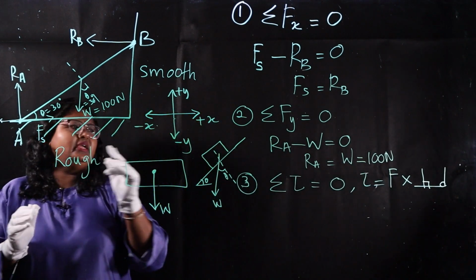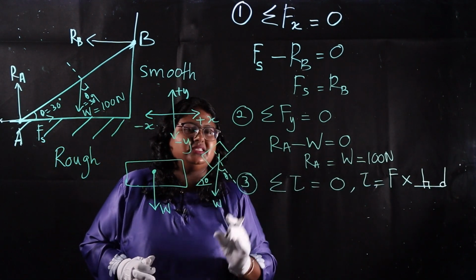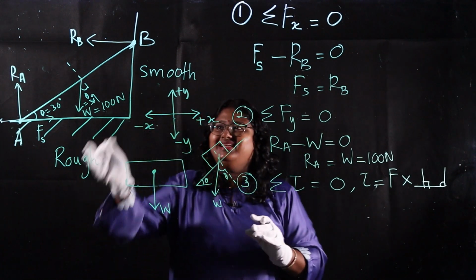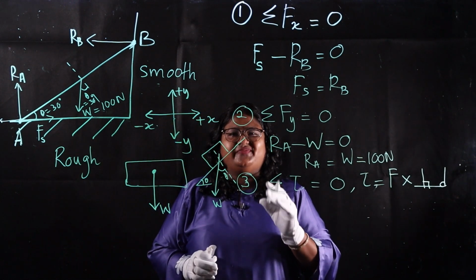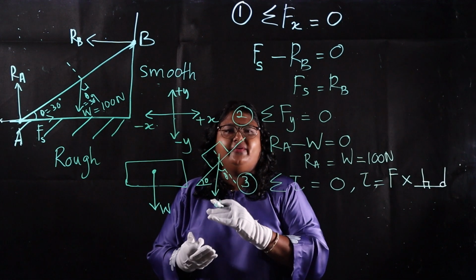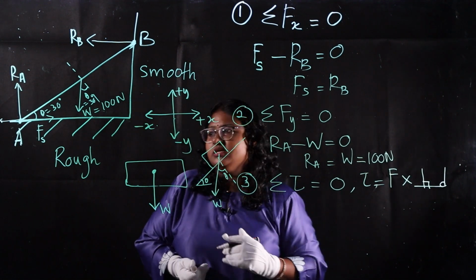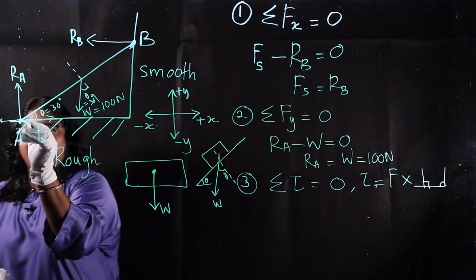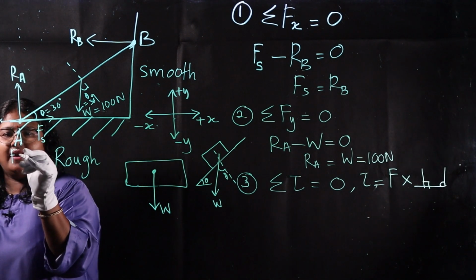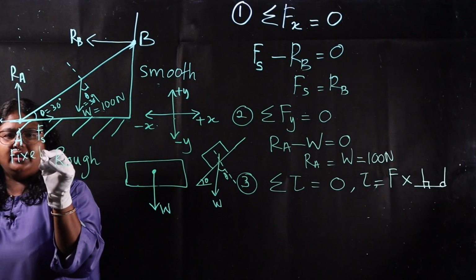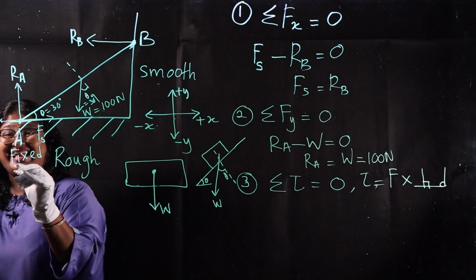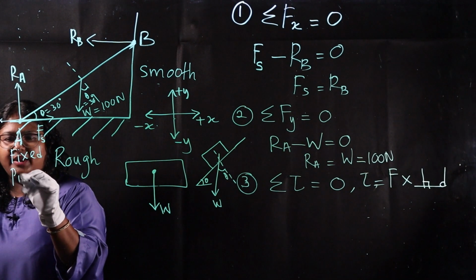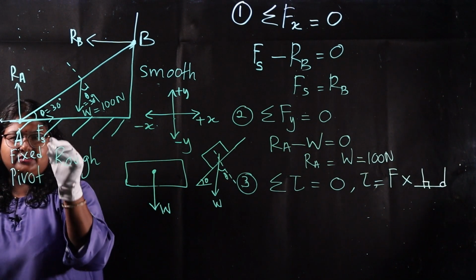Before we proceed with the torque, we must put a fixed point in this ladder system. Why must we fix it? Because then only we can determine the distance from that position. So here I choose A as the fixed point, or hinged point, or pivot. Some books use pivot.